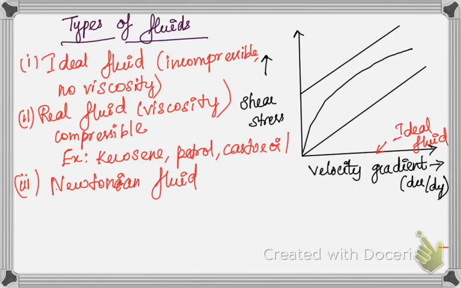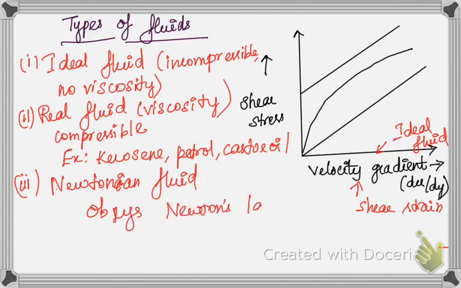That means a real fluid in which the shear stress is directly proportional to the rate of shear strain. This velocity gradient is also known as shear strain.